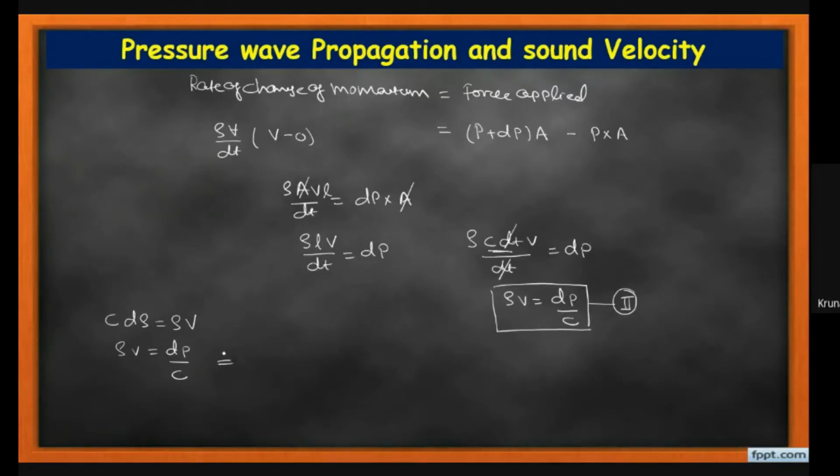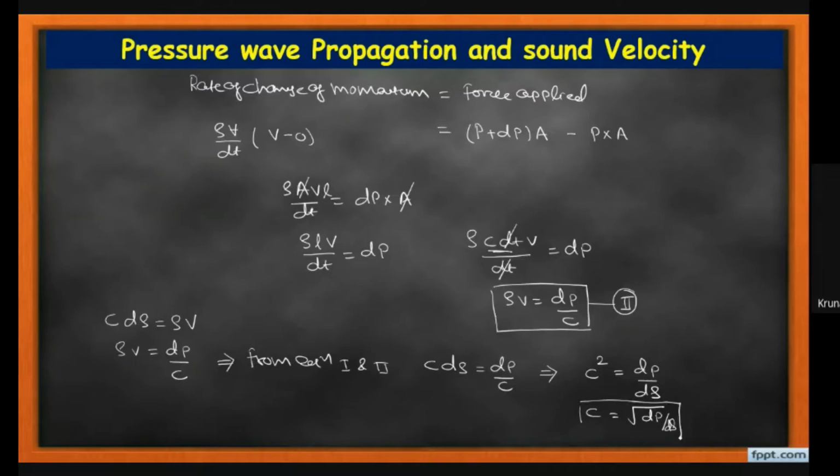So from equation number 1 and 2, we get c into d rho equals dp divided by c. And finally we get c to the power 2 equals dp by d rho, so we can write c equals the square root of dp by d rho. So this is our expression for the velocity of sound, or the velocity of pressure wave propagation in fluids.